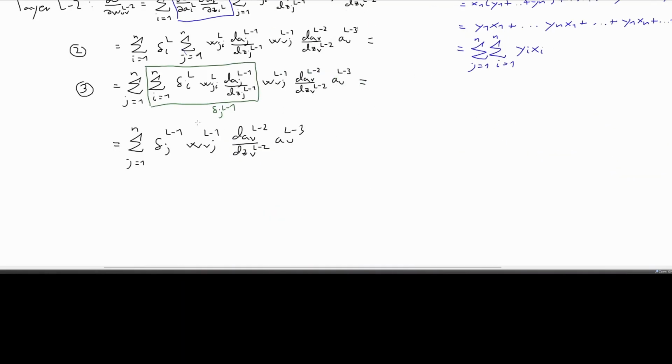Now, if you were to find the weight derivative for a weight going to layer L-3, we would, just as we've done previously, look for a delta term at layer L-2 to try to reuse that at layer L-3. So for layer L-2, our delta term for this particular derivative would be given by this summation right here as delta at neuron V at layer L-2.